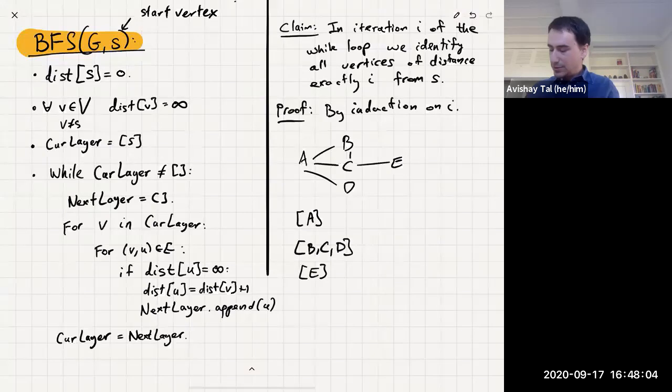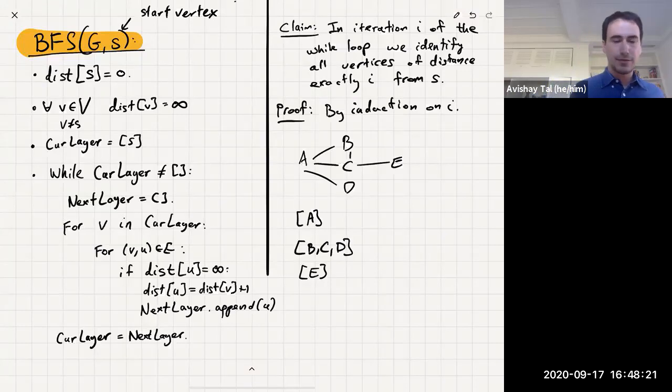But notice that we didn't really need to consider this current layer and next layer. We didn't really need to have two lists or arrays. We could just treat it as one list and append the vertex that we reveal to the end of this list and pop from the beginning of this list.